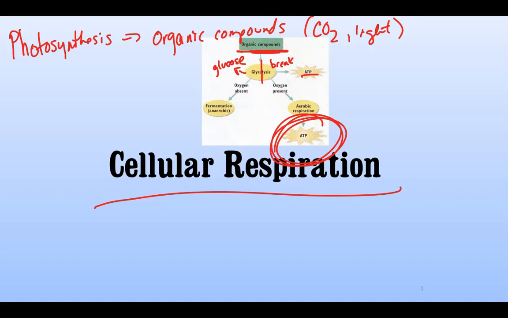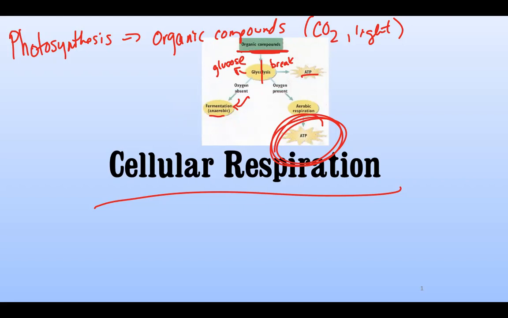Now, if oxygen is absent, we're going to go with this process, which is called fermentation or anaerobic respiration. Okay, anaerobic meaning without air or without oxygen. But that's not going to produce any more ATP, which you can see by the absence of ATP here.